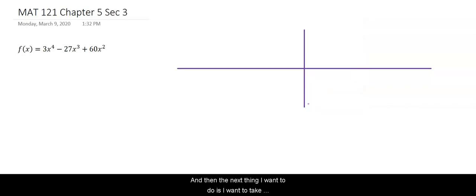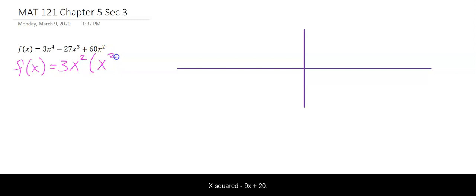And then the next thing I want to do is take out the variable to the highest degree that's common to all, which is x squared. So I can rewrite my f of x as 3x squared times, leaving behind, x squared minus 9x plus 20.